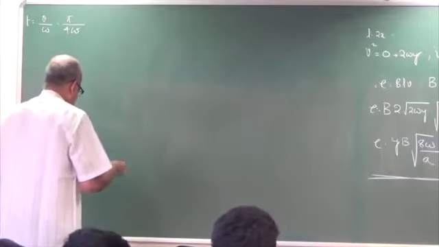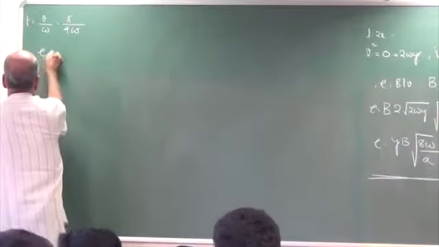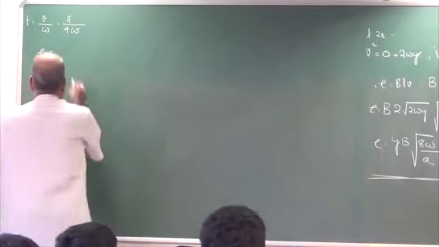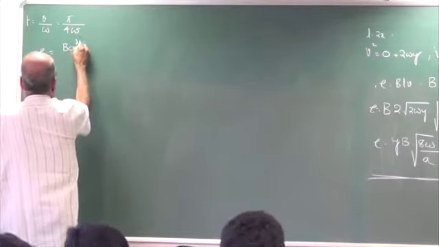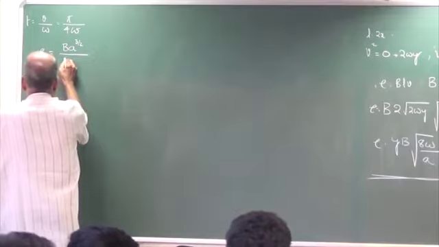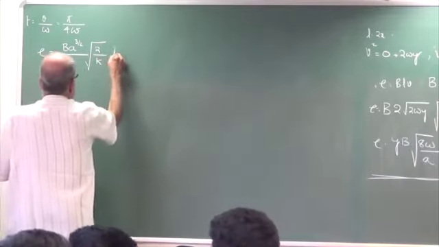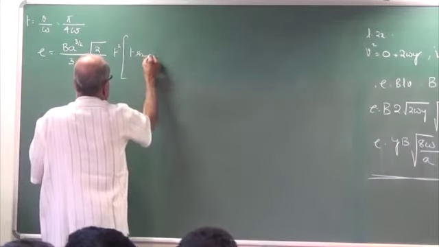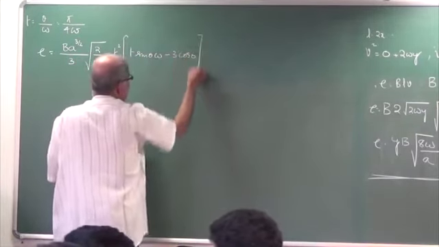Therefore, induced EMF will be, you can chuck it there, I'll take that t squared out of the bracket, 3 root 2 by k, t square, take it out, t sin theta omega minus 3 cos theta. Will you agree?